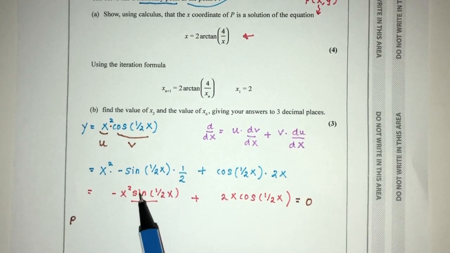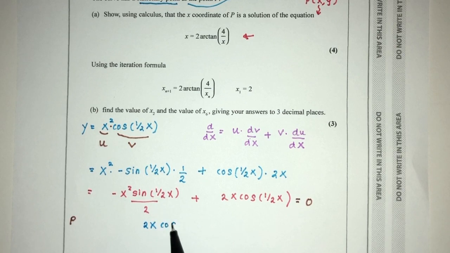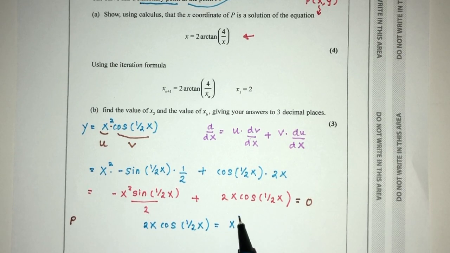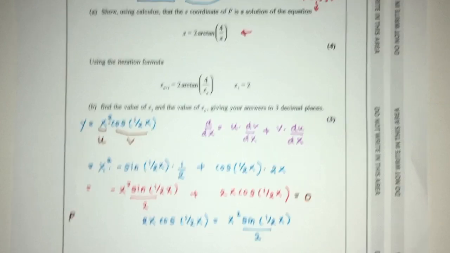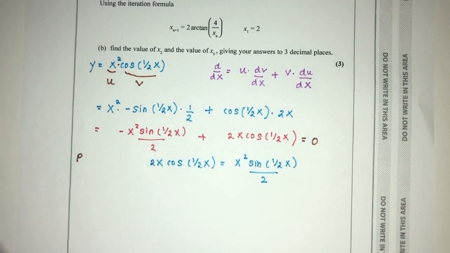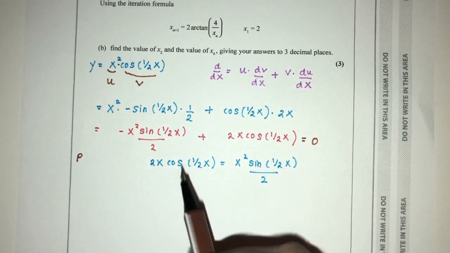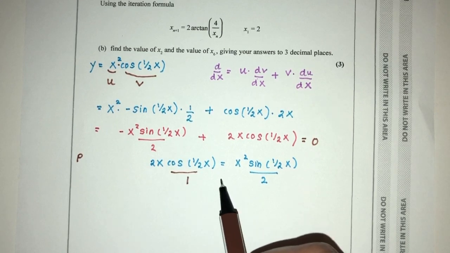Right. Now we can send this one over here. It will become 2x cos half x is equal to x squared sine half x over the value of 2. Right, now what can you do? We can simply cross multiply.